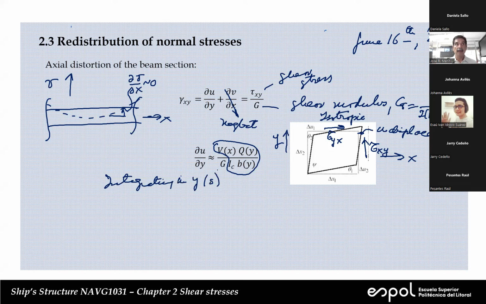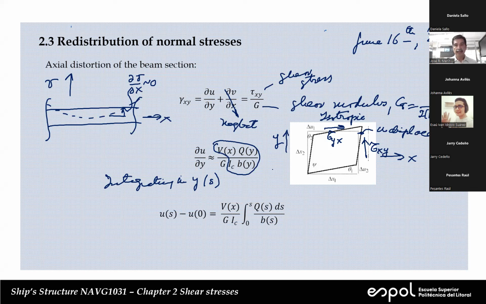In general, remember that the section could be formed, for example, by one vertical element and one transversal element. We have the webs and we have the flanges. In that case, instead of integrating in y, we have to integrate in y and also in s or z. So we have to be a little bit flexible in this concept.